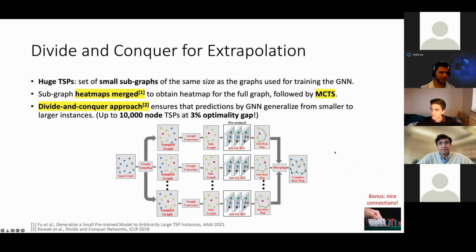It would be nice here to see, for example, if you trained on 100 nodes, and here you test on 10,000 nodes, where you can easily see that 10,000 is 100 times 100.